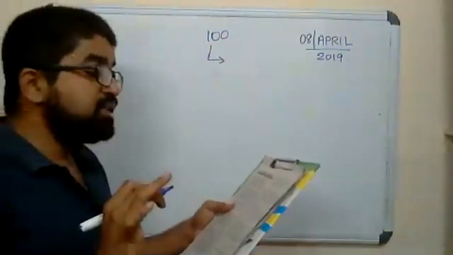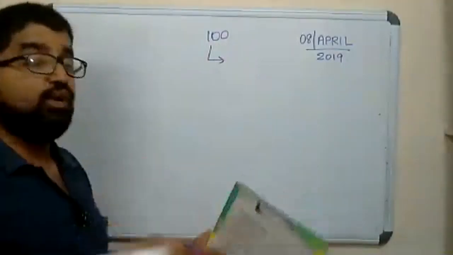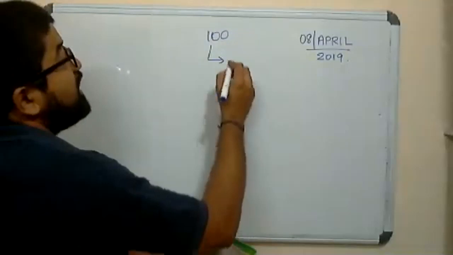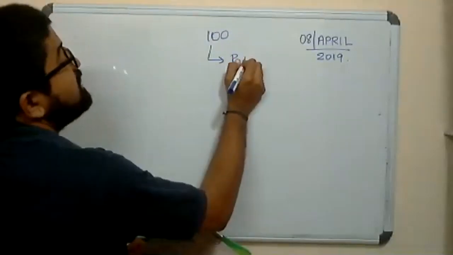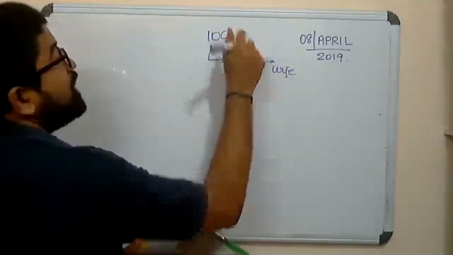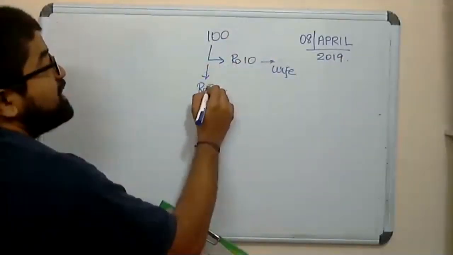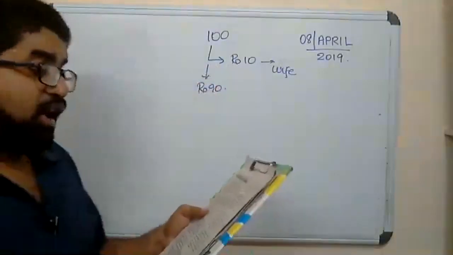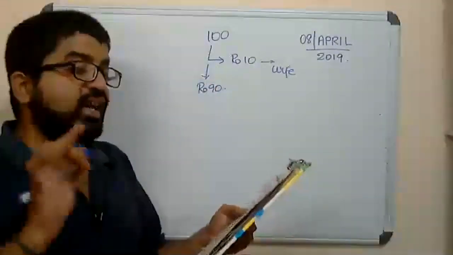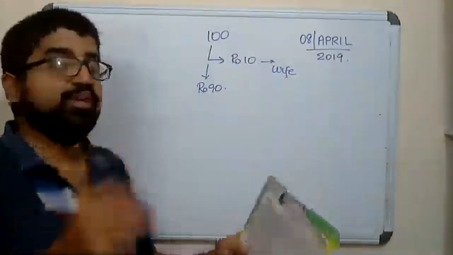So from this 100, 10% of this amount he is giving to his wife. So 100 into 10 upon 100, that is rupees 10, he is giving it to his wife. So from 100, when 10 rupees goes, he is now left with rupees 90. Now it is given that 10% of this remaining amount he is giving to the hospital.